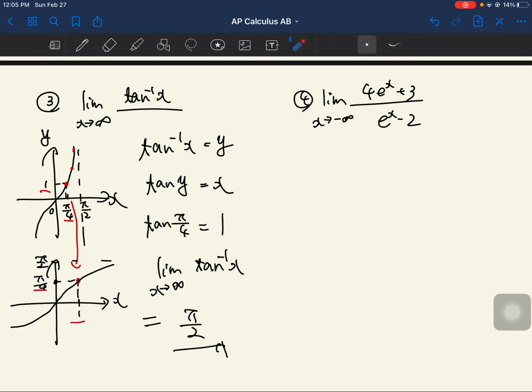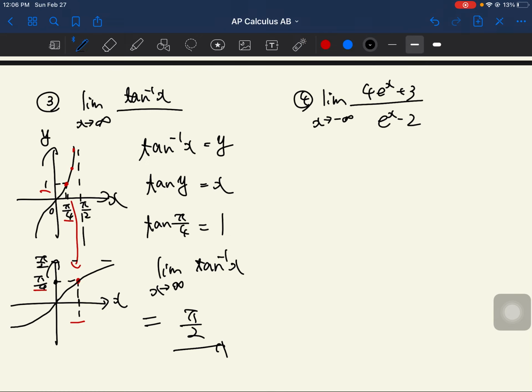Like I mentioned, in this question it's really important to sketch the graph. If you are not sure how to sketch the inverse graph, I highly recommend you just sketch the regular graph, in this case y equals tangent x. Then you can just switch the x and y values of each point, and sketch the graph like that.